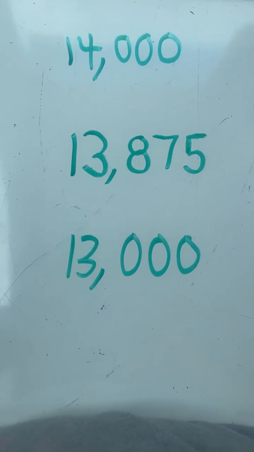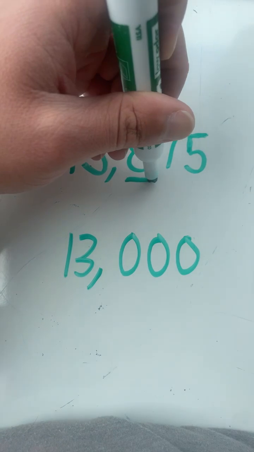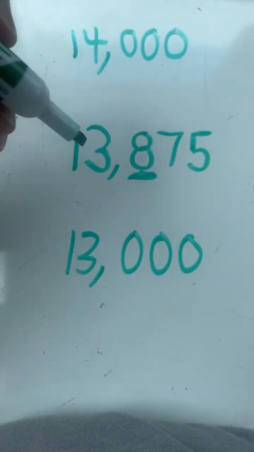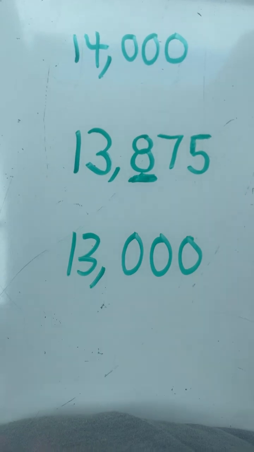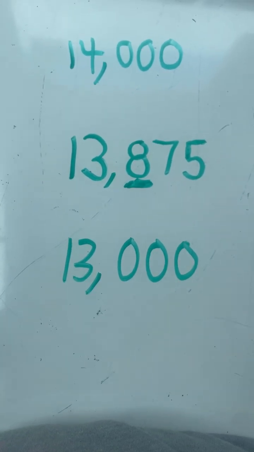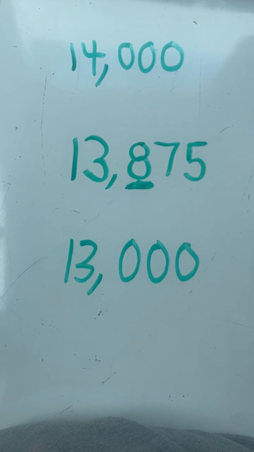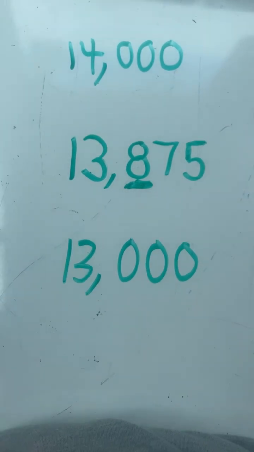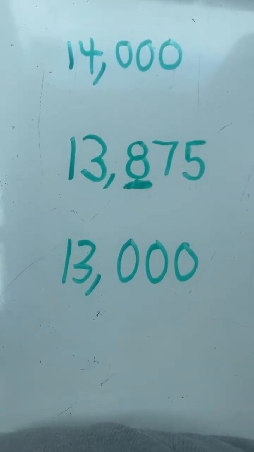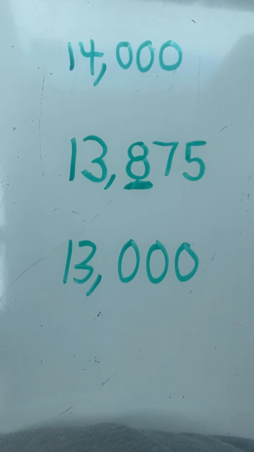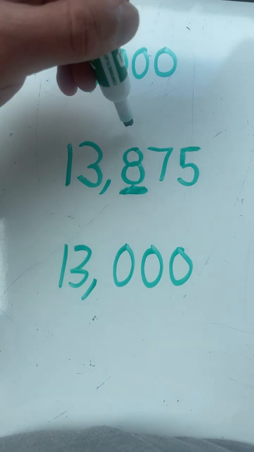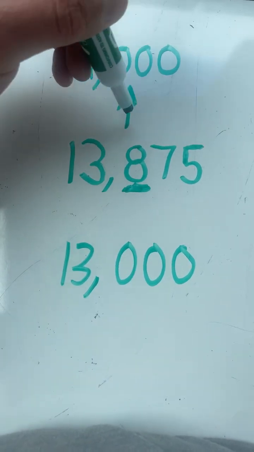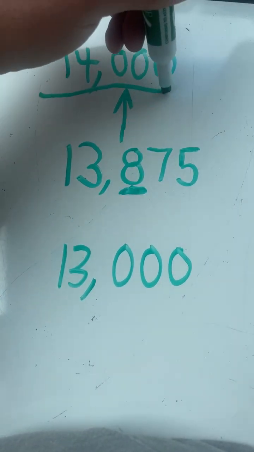Looking at 13,875, the digit in the hundreds place is an 8. 8 is more than 5, so for this problem we would round up. So 13,875 would round up to 14,000.